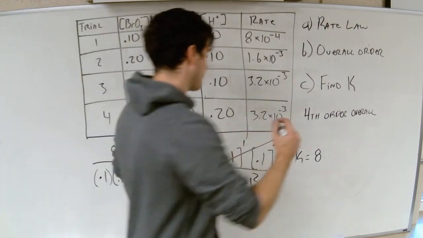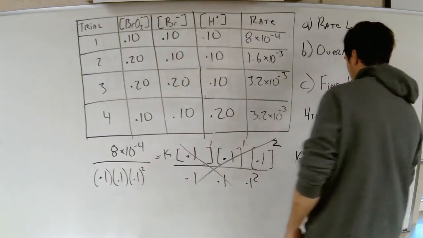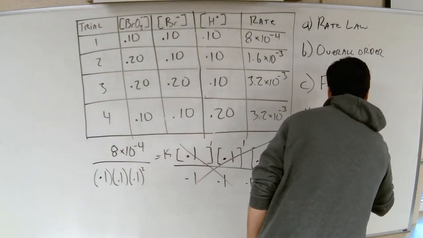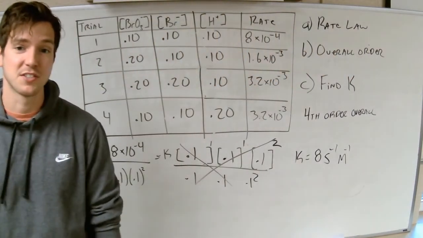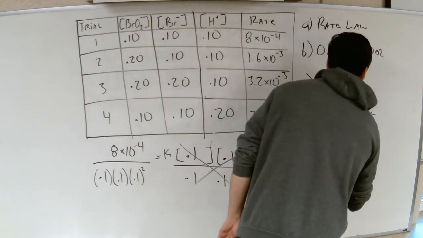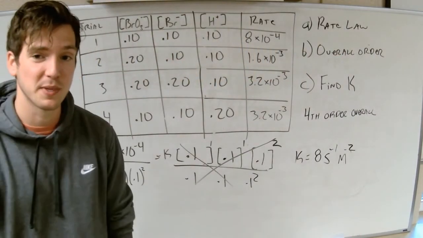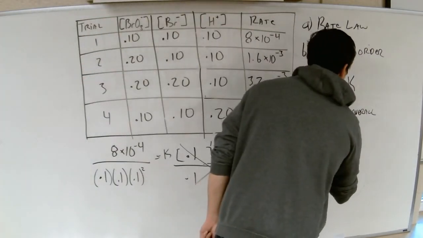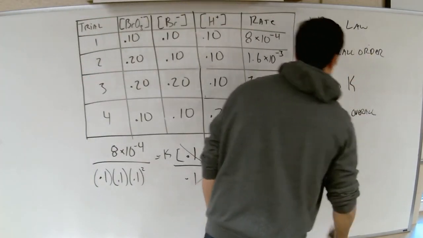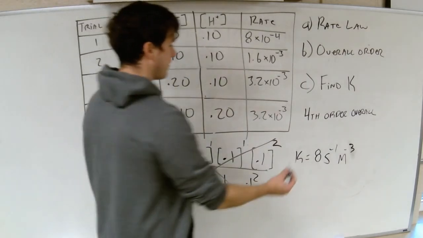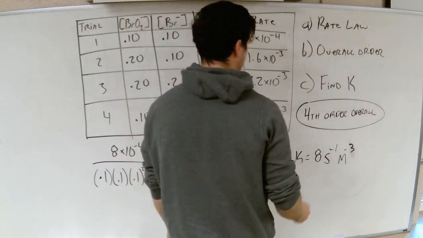If it's first order, it's s to the minus 1. If it's second order, it's M to the minus 1. If it's third order, it's M to the minus 2. So in this case, if it's fourth order, it must be s to the minus 1, M to the minus 3. Okay?